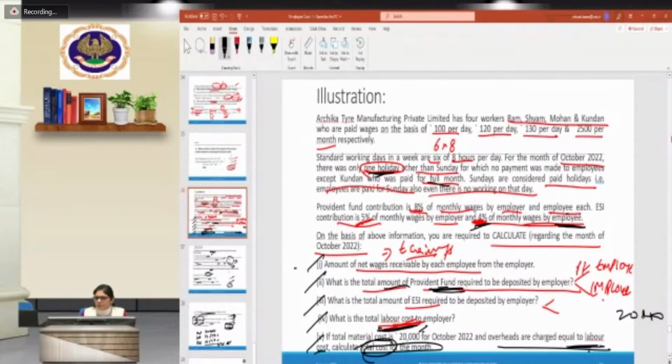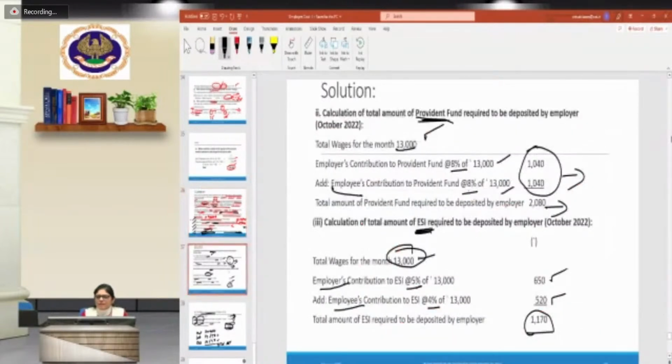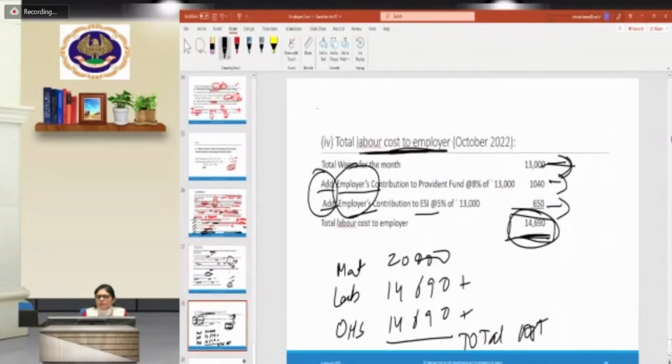Clear? So this is the provident fund. This is the ESI we have to deposit. This is the total labor cost we have calculated. And this is the total cost we have calculated. Material is given in the question. Labor we have just calculated. Overheads is equal to labor. So whatever comes here will be the total cost.